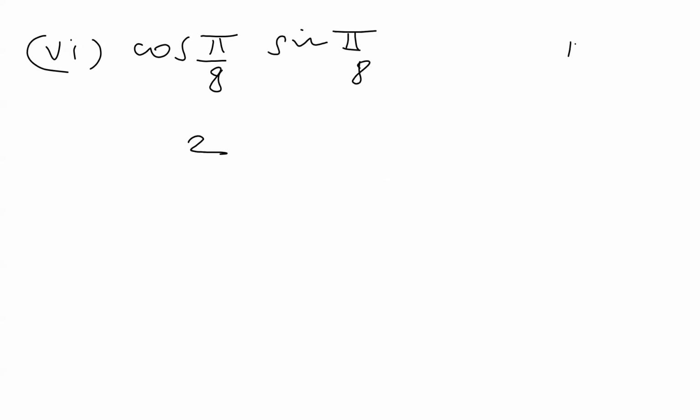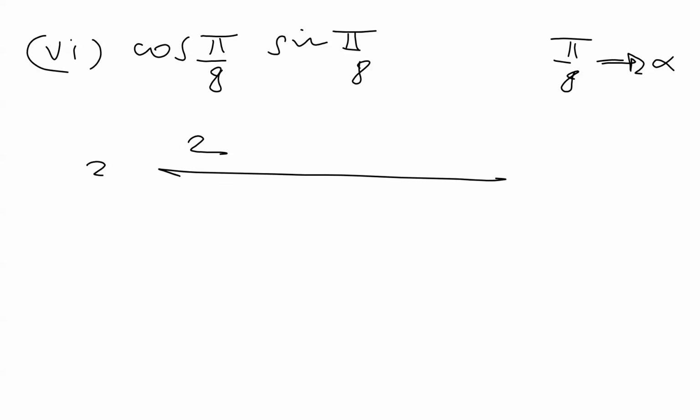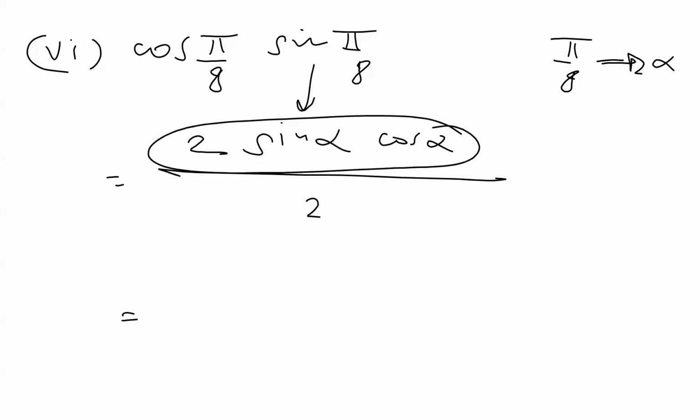Sub question 6. Cos pi by 8 sin pi by 8. So let pi by 8 be alpha or x, and we'll multiply and divide with 2. So 2 sine alpha, first I'll write the sine term and then the cos term. 2 sine alpha cos alpha is nothing but sine 2 alpha.